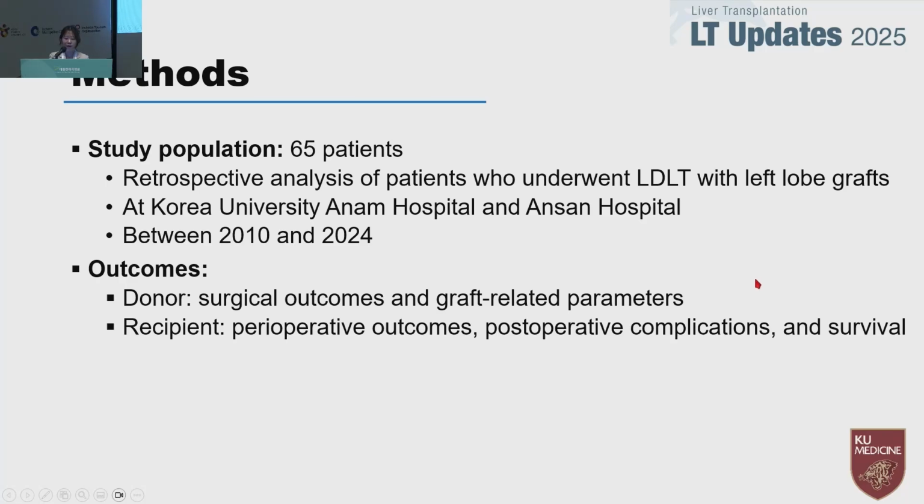For the donor, we compared the surgical outcomes and graft-related parameters. For the recipient, we compared the perioperative outcomes, postoperative complications, and survival. In this study, specifically, we would like to compare the portal vein velocity change and the hemodynamics before and after the surgery.